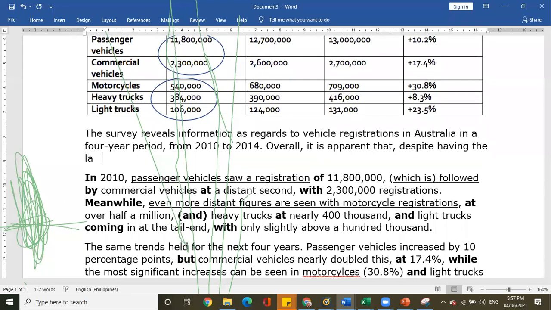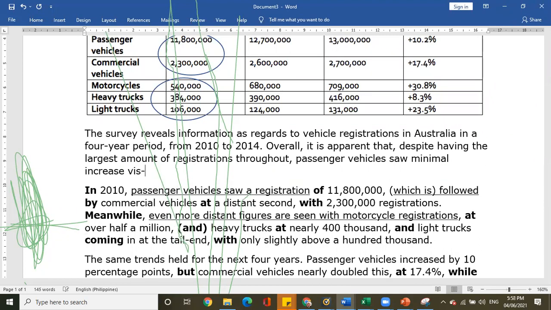Despite having the largest amount of registrations throughout, passenger vehicles saw minimal increase vis-a-vis those of motorcycles and light trucks. There, that's my overview.